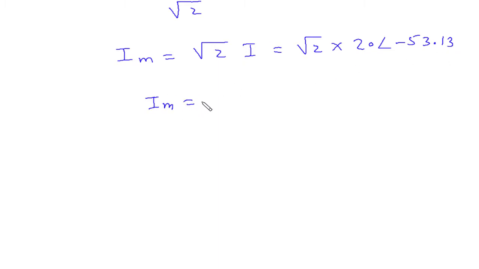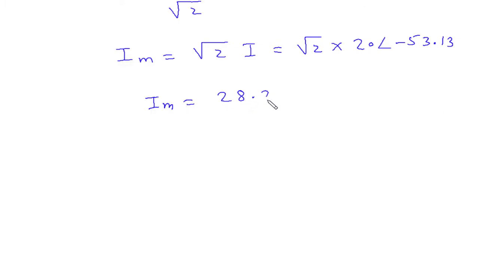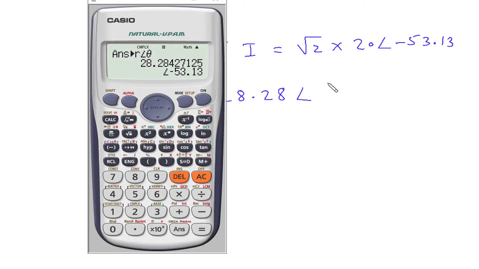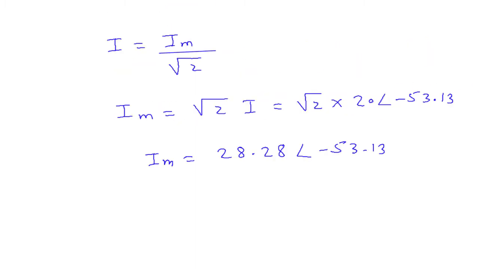So Im is equal to root 2 into 20 at an angle of minus 53.13. Converting this, it will be 28.28 at an angle of minus 53.13. This is the value of Im.